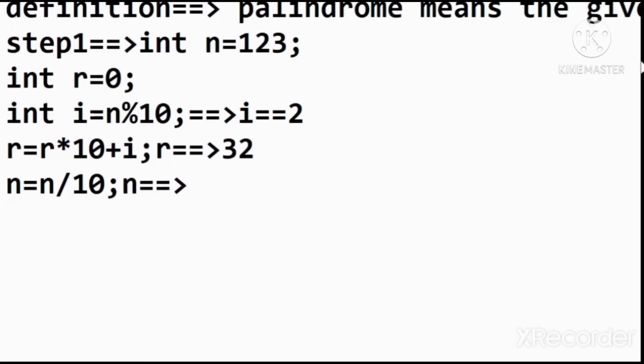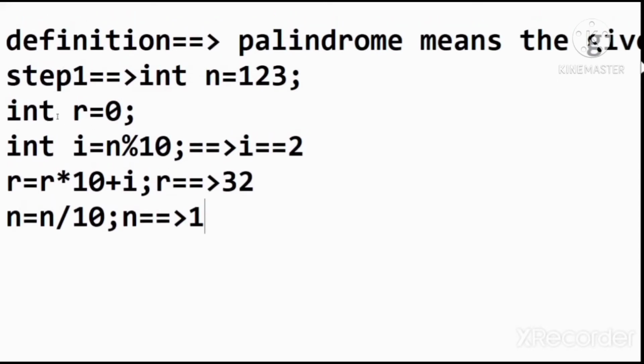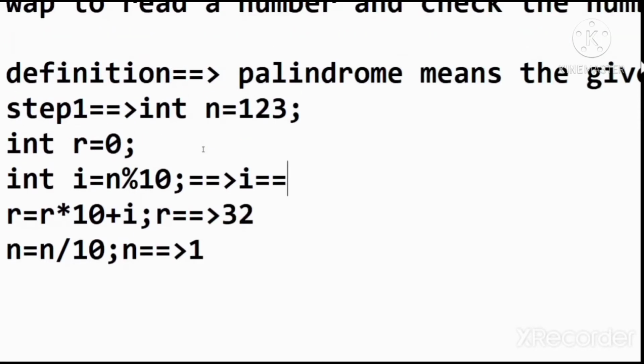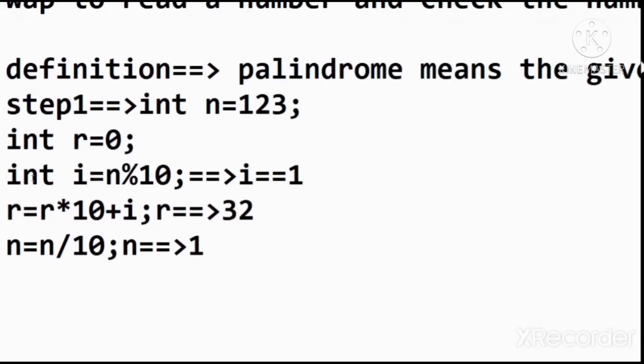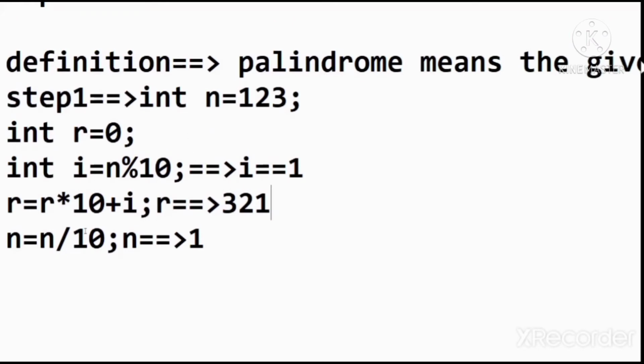Now the value of i is 1, and the value of r is 32, so 32 into 10 is equal to 320 plus the value of i, which is 1, so we get 321, which is the reverse of 123. So now we simply print the value of r.